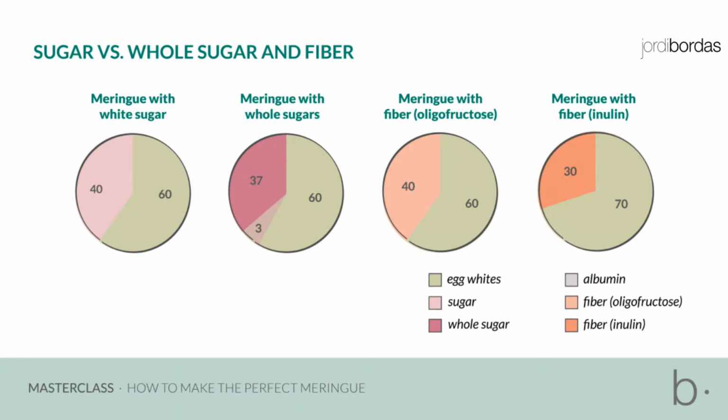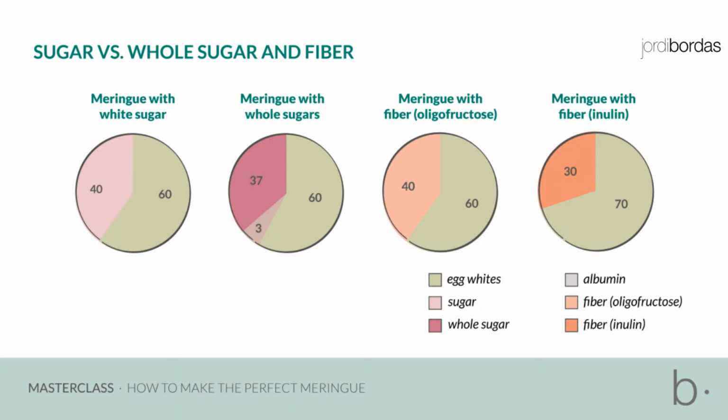That means that in the recipe that we share with you, we have 37% whole sugar, like coconut sugar, panela sugar, or whole cane sugar. Then we have 3% egg white powder, albumin, and then we have 60% egg whites.